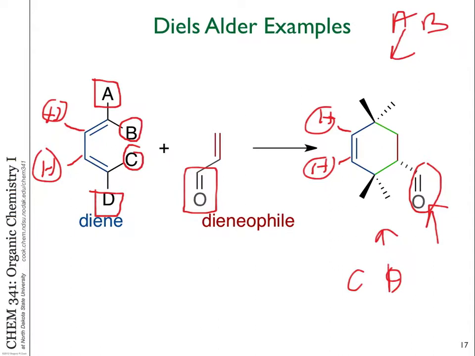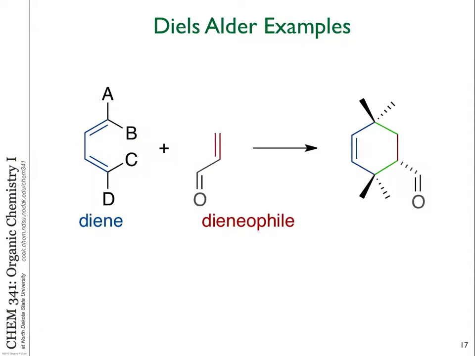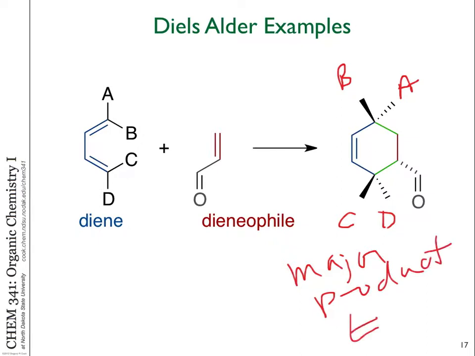So in this case, the stereochemistry of the product, if it goes through the endo transition state, the major product should be the one where B is up and A is down, C is up and D is down. Okay, and I'll show you the transition state to show how all those relationships go again. Again, this is the major product from the endo transition state as they come together.